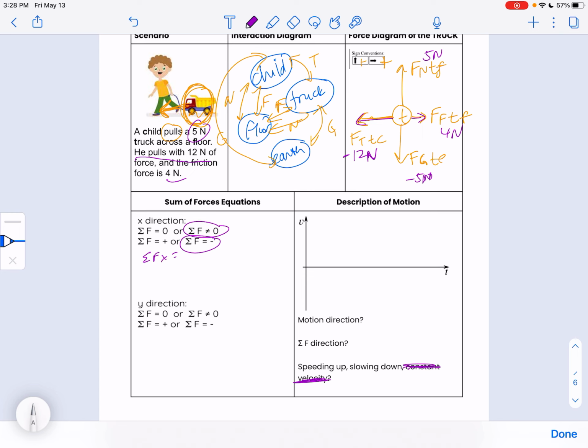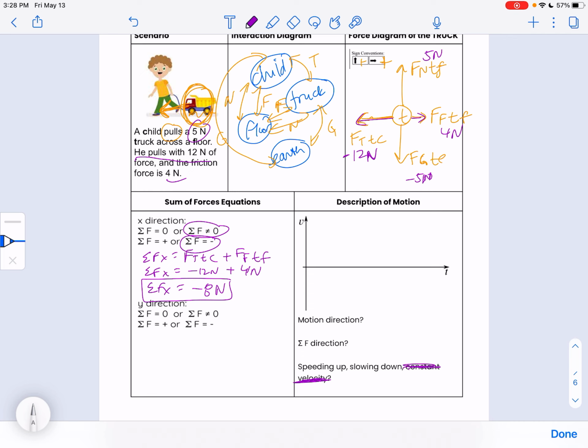And I can also calculate that. Force, tension, truck, child, plus force, friction, truck, floor. The child is the one that's negative because it's pulling to the left. That's negative 12, plus the friction is 4. So that's negative 8 newtons total. That's how I know that the force is negative.